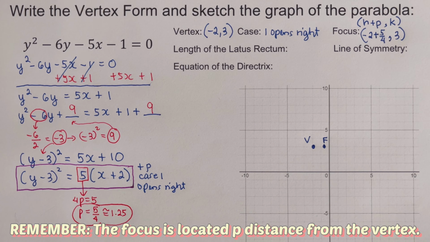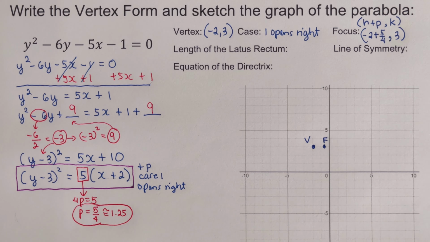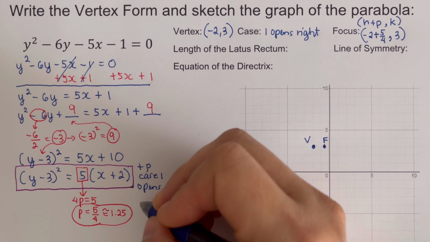So we can go ahead and determine the location of the two ends of the latus rectum. Now we remember that one end of the latus rectum is located 2p distance from the focus. I'm going to go ahead and write that information up here.